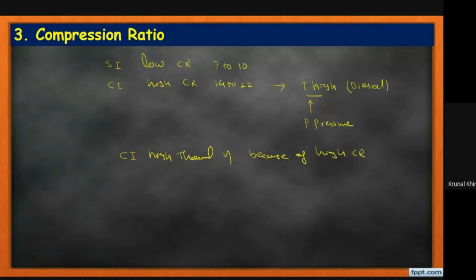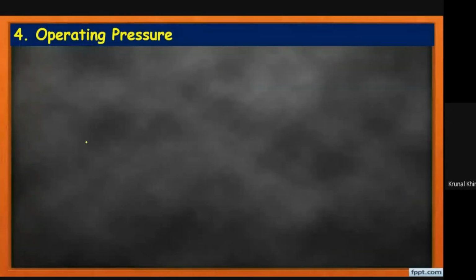Now we are going to the operating pressures. The operating pressure in the CI engine is about 30 to 50 bar, which is in line with the compression ratio, whereas in SI engines the pressure is 7 to 15 bar. Due to this higher pressure, we require high material strength in the diesel engine, and that's why the weight of the diesel engine is high compared to petrol engines.